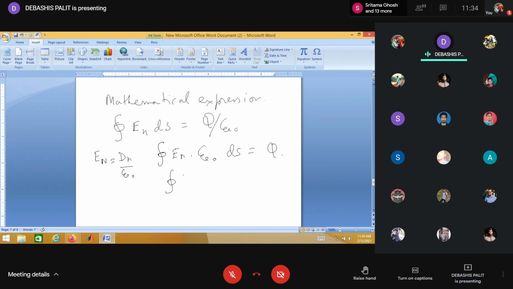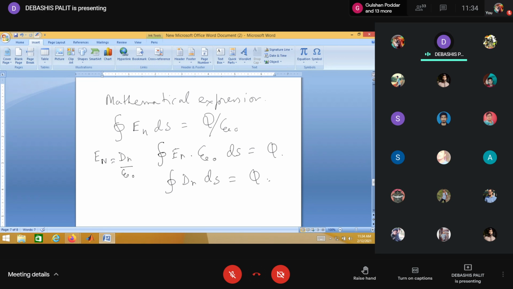So the closed surface integral of Dn is equal to q. The total charge coming out from the closed surface is equal to the total flux. Dn is the normal component of electric flux. The total surface integral of Dn means the total electric flux coming out, or in your term the total electric charge coming out.